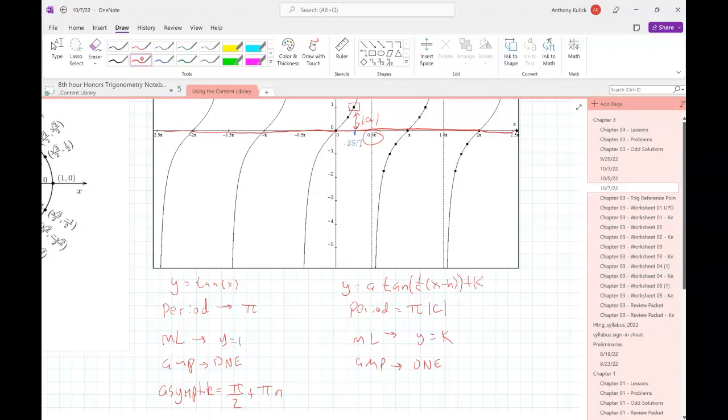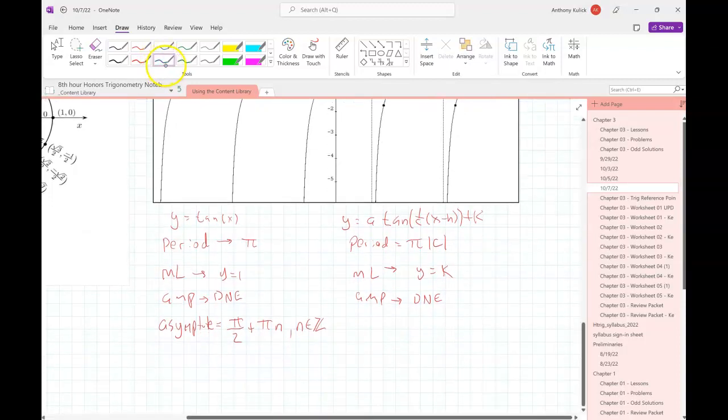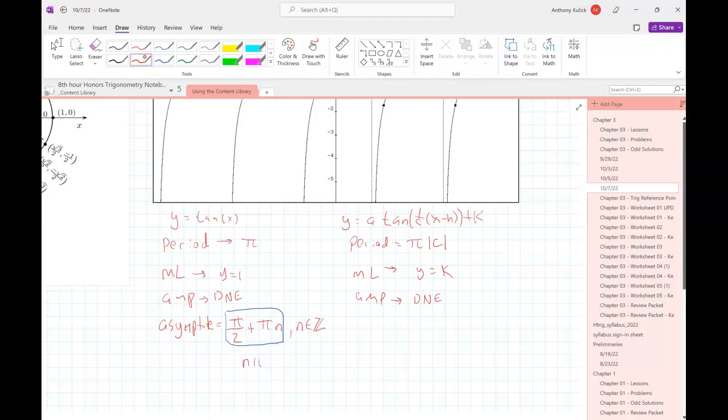Whether I add 1 pi or 2 pi or 10 pi or minus 56 pi, those all land on an asymptote, provided that n is an integer. Now this simplifies to just n pi over 2, where n is an odd number. So oftentimes we'd write it that way. But it's a little bit easier to see what's going on.